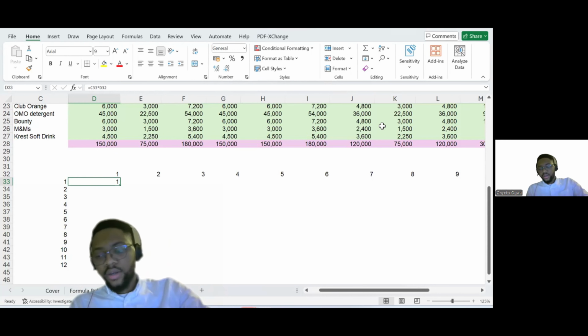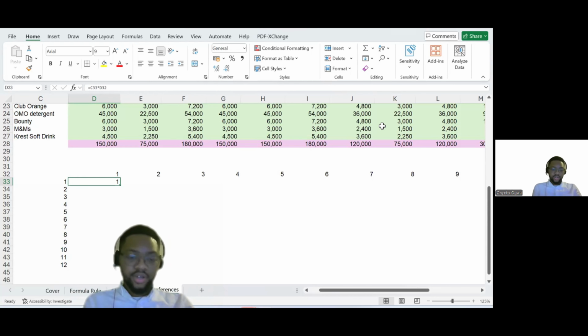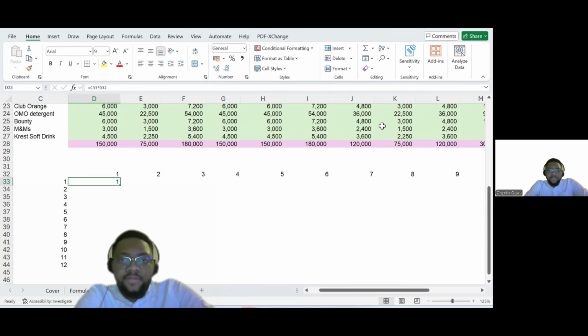I've been using referencing for a while in Excel, but I still have this challenge of always being able to quickly tell myself, oh, it's the row you are supposed to lock here, or it's the column you are supposed to lock here. So it usually takes me time to settle that, oh, this is what I'm locking or this is what I'm not locking.